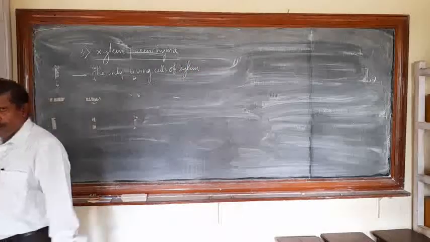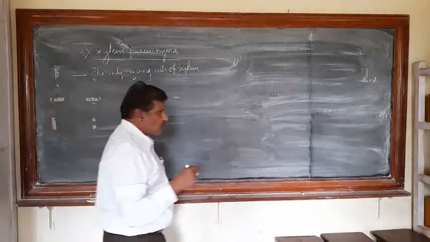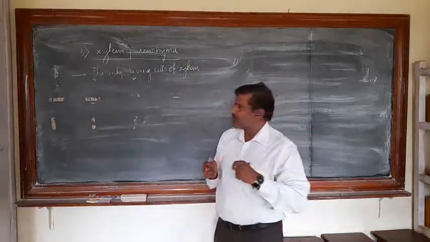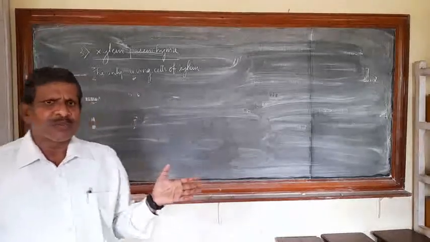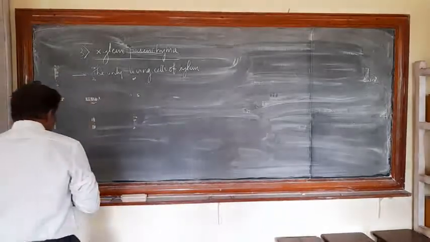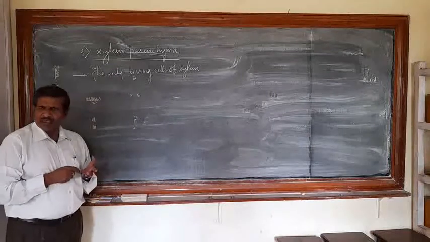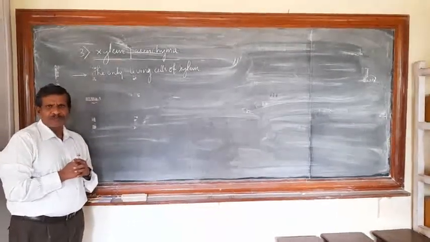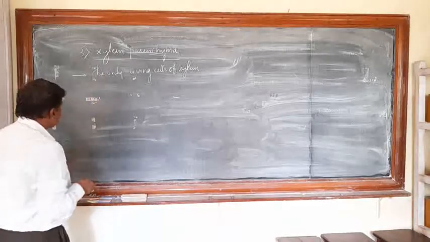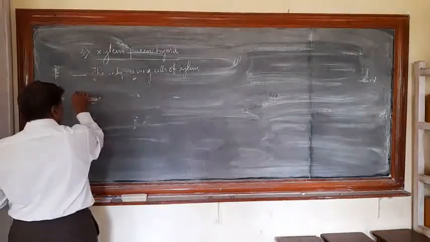Of the four types of cells present in the xylem, only xylem parenchyma are living cells. All other kinds of cells in the xylem, such as trachea, tracheids, even xylem fibers, are all dead cells. And these xylem parenchyma cells don't have a definite shape.